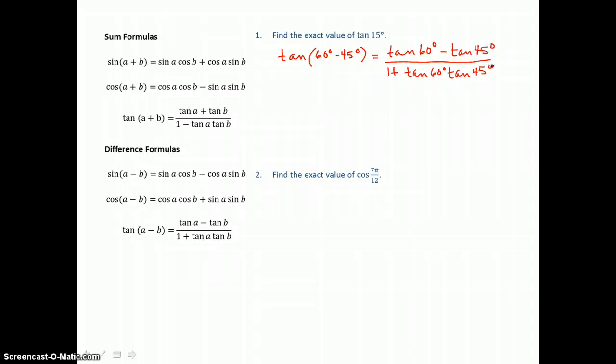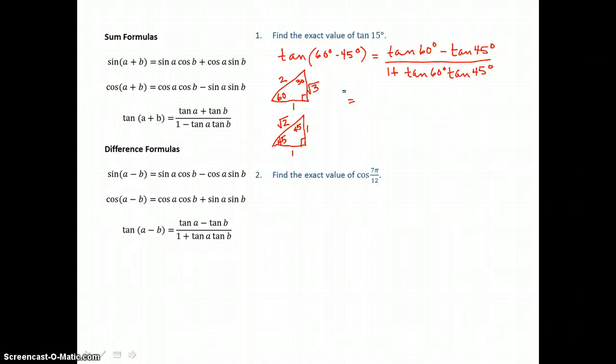And now I'm going to want values for those functions, so I'm going to look at the special triangles. I'll look at a 30, 60, 90 degree triangle whose sides are in the ratio 1 to the square root of 3, and I'll look at a 45, 45, 90 degree triangle whose sides are in the ratio 1, 1, the square root of 2.